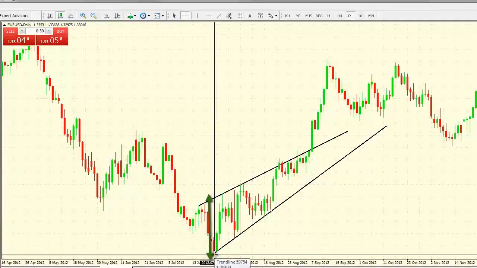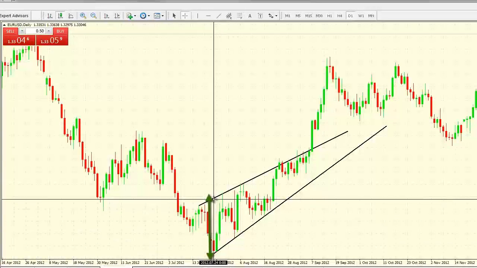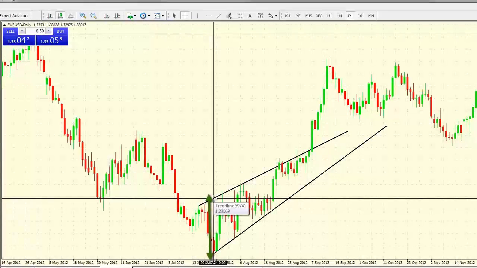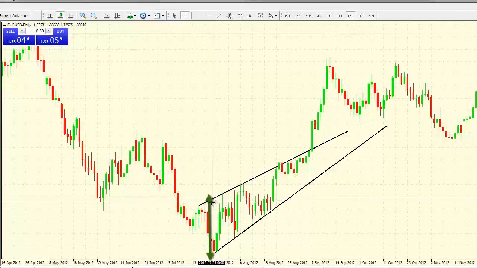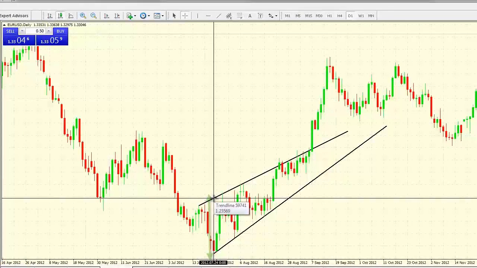So over here, in this case, the head is formed at 1.20400, while the neckline corresponding to it is at 1.23569. So the difference between these two prices would give you the minimum objective. The minimum objective therefore comes out to be somewhere around 310 pips in this case.